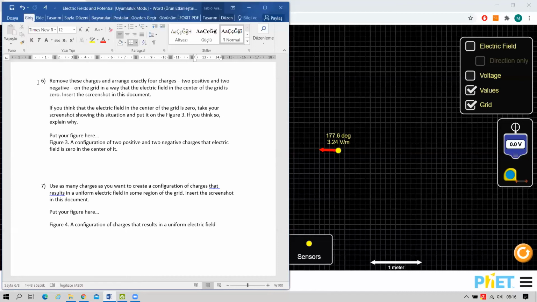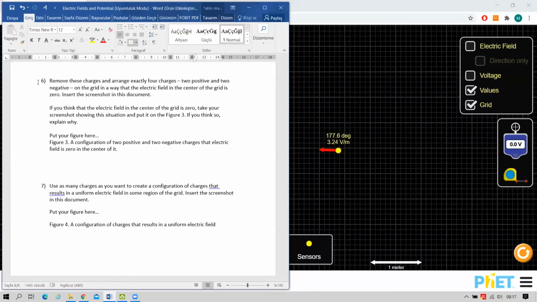This is clear also. This time the report asks you to use 4 charges, 2 of them positive, 2 of them negative, and you will put these 4 charges on the grid. In that way, the electric field should be 0 at the center of these charges.